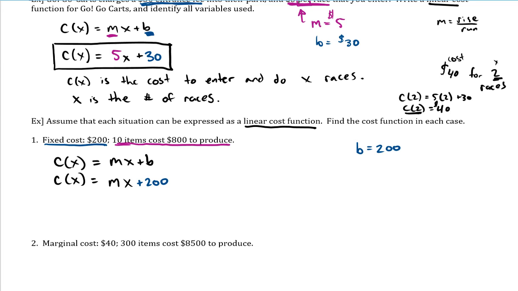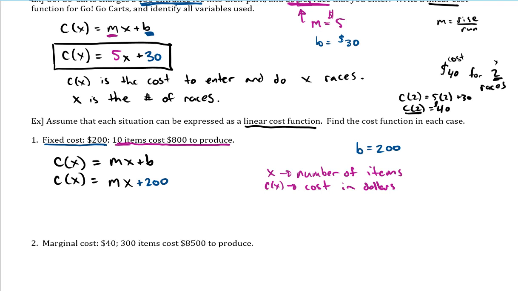So they're saying 10 items cost $800 to produce. So the 10 items must be X. So X is the number of items. Because we already know the cost must be that dollar amount. So C of X is the cost in dollars.